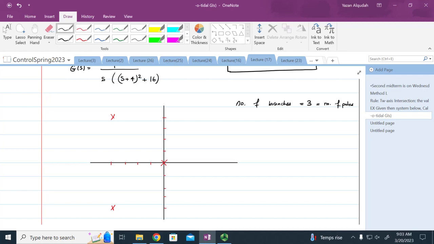Starting at, to the left of an odd number of poles and zeros. There is only one, so therefore, to the left of an odd number, it's going to be like this. Good?